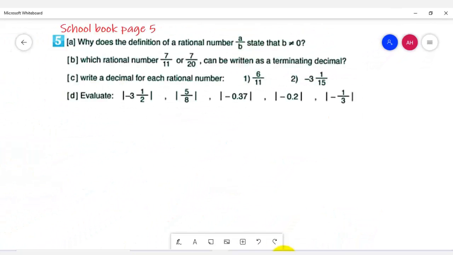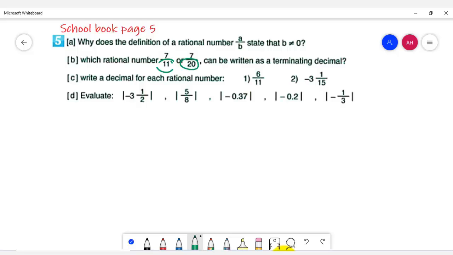Let's go now to our school book, page 5. We are going to answer questions B, C, and D. I would like you please to write today's date beside question number 5 and write classwork. Let's start solving number B. In number B, which rational number, 7 over 11 or 7 over 20, can be written as a terminated decimal? We said that to have a fraction written as a terminated decimal, I look at my denominator.